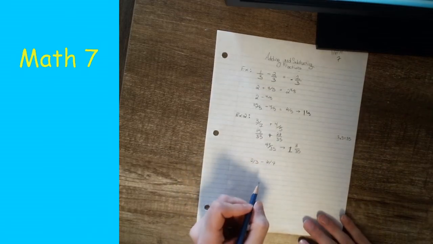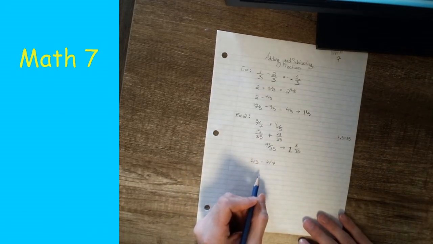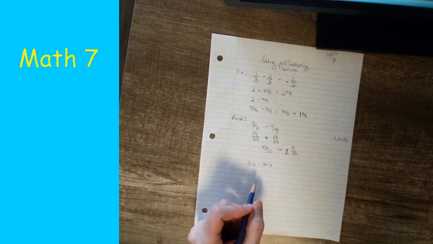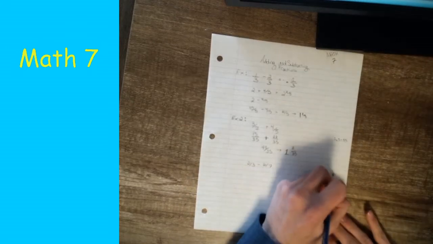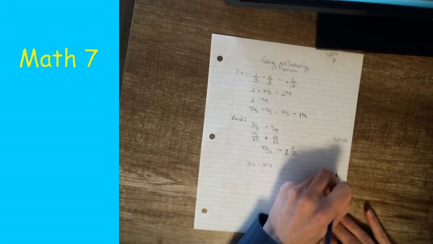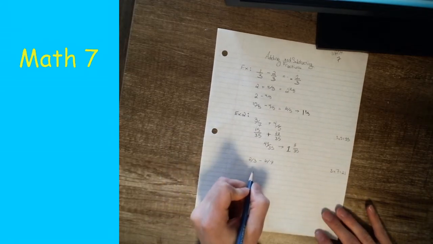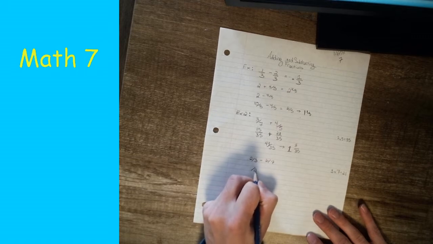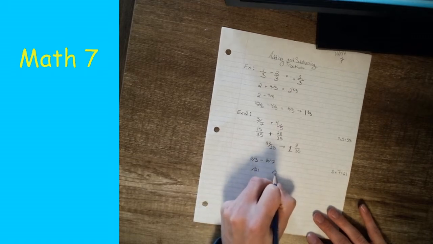So, can't scale one up or down. So 3 times 7 is 21. So both of these are going to be out of 21. So I have something out of 21 here, something out of 21 here.